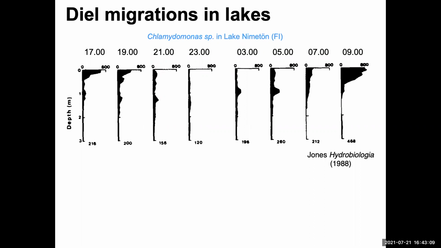So this is the species Chlamydomonas, but it's not Chlamydomonas reinhardtii, which actually lives in the soil, in Lake Limiton in Finland. And plotted is the distribution of these algae with depth as a function of time of day. So you can see that at 5 p.m.